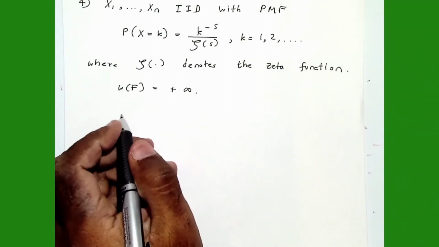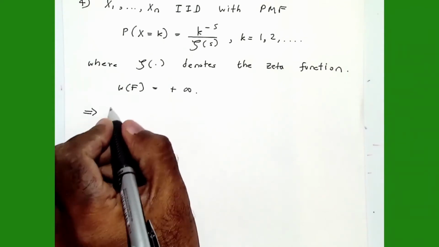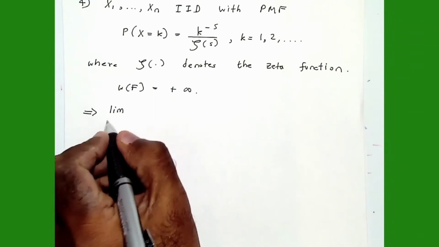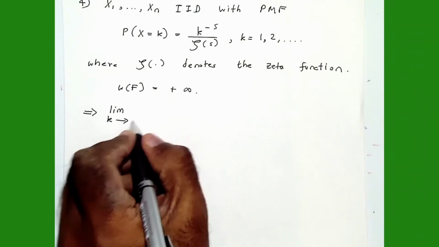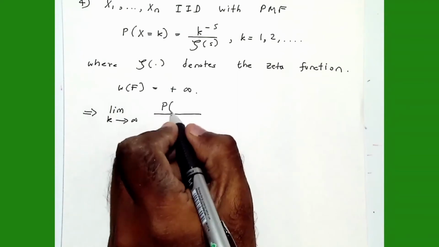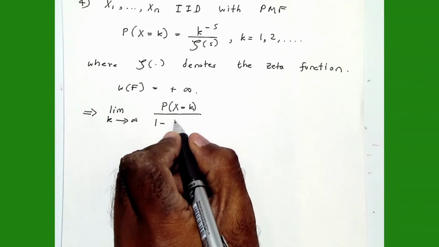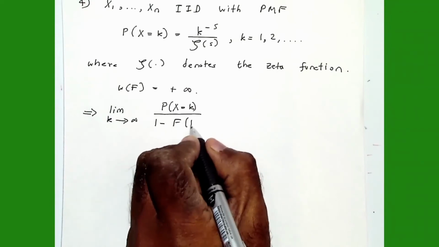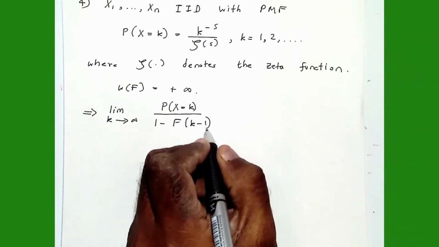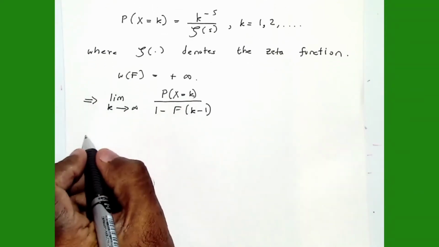So what we need to find is the limit as k goes to infinity of this. This you can write like this.